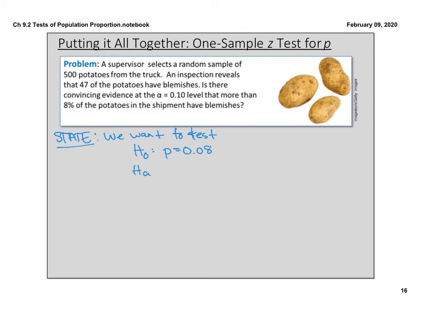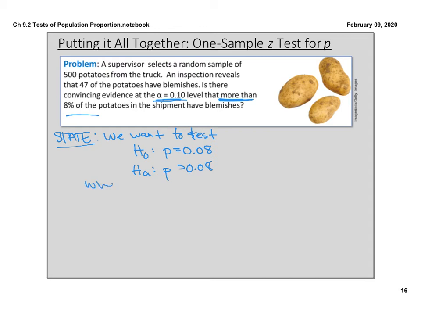Your alternative is that p is greater than 0.08, because they said, is there convincing evidence at the alpha 0.1 level that more than 8% of the potatoes have blemishes? So there are my hypotheses, but then I also have to state the parameter.